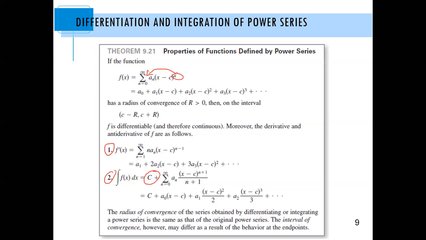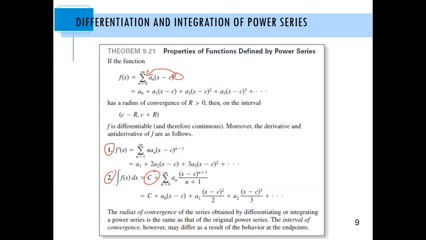That could change. But the interval of convergence itself, except for the endpoints, remains intact when you take derivatives and integrals. This is very important, so you don't have to redo a bunch of work. All you have to do is check the endpoints for convergence, and that's the most your interval of convergence can change by.